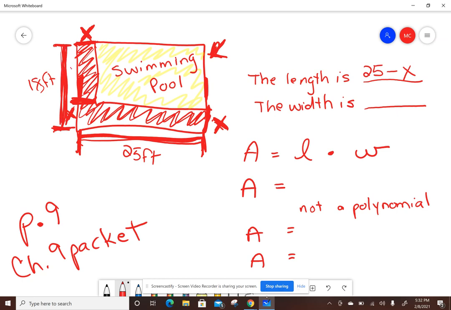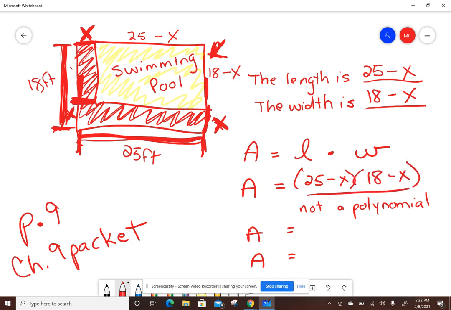So this length would be 18 minus x. So I know this side of the swimming pool is 18 minus x. This side of the swimming pool is 25 minus x. So I know area is length times width. So I do 25 minus x times 18 minus x.